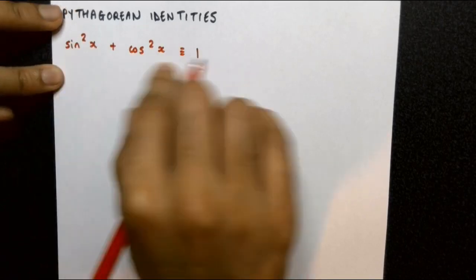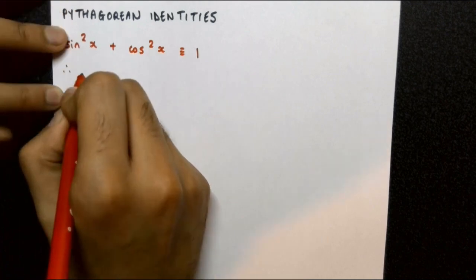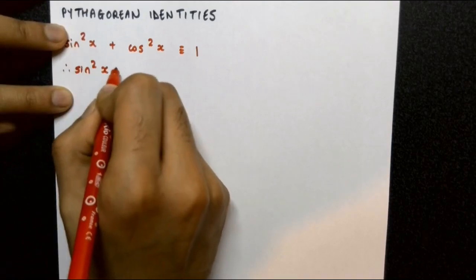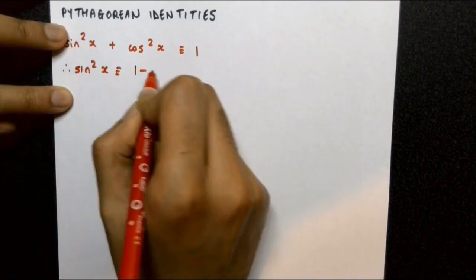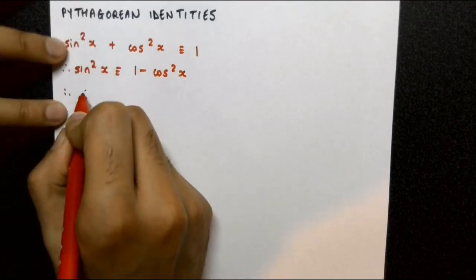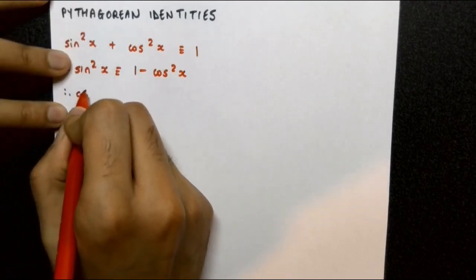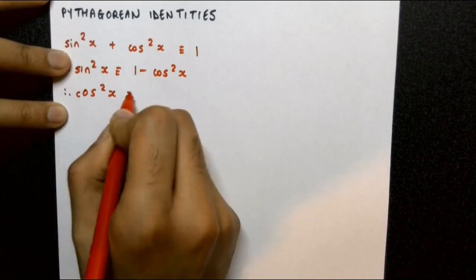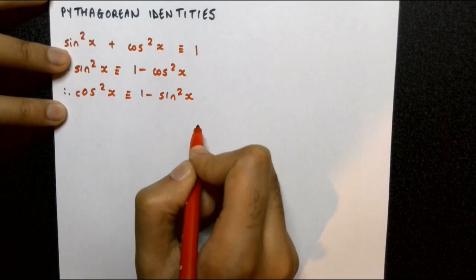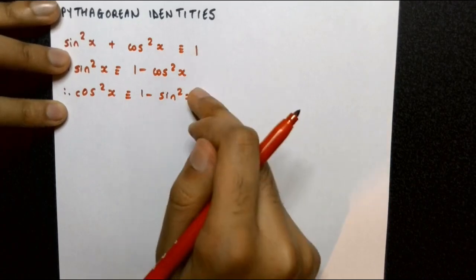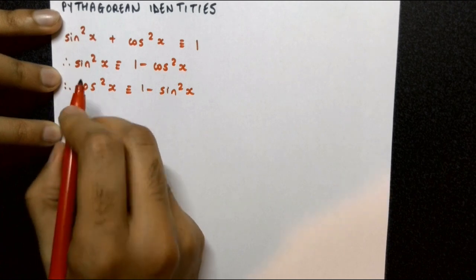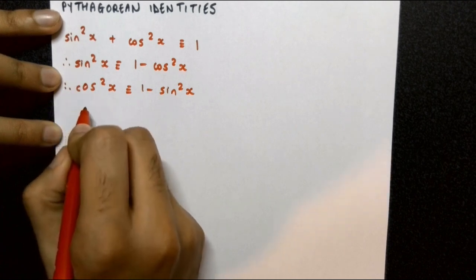And I'm going to rearrange this, and you'll see why later on. I'm going to rearrange this to say that sine squared x is equivalent to 1 minus cos squared x. And I'm also going to rearrange to say that cos squared x is equivalent to 1 minus sine squared x. You'll see why I'm doing this in a second. And we've also got other identities as well.